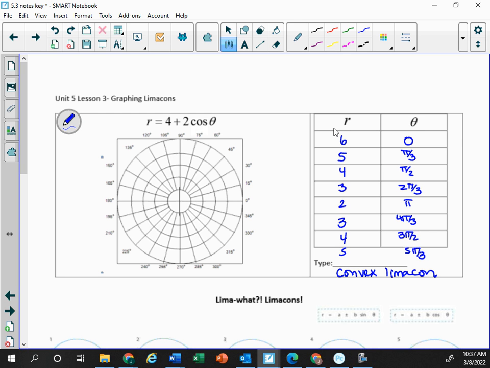All right, so I'll plot these. So 6, 0 is actually off your graph. 5 pi over 3. Try to draw this one.